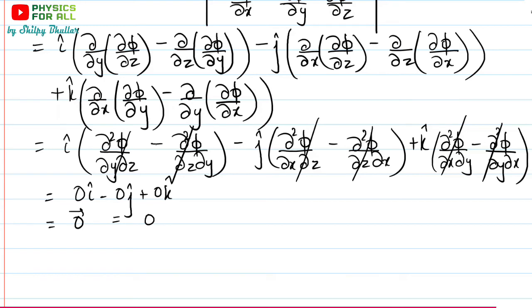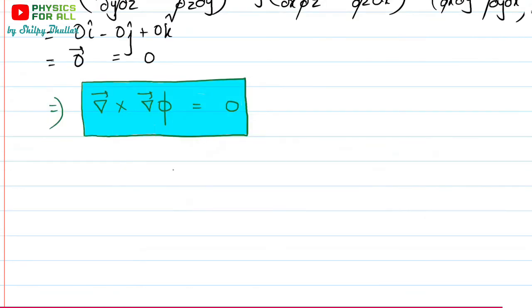Obviously the magnitude portion gets cancelled, but i cap, j cap and k cap are still there. So we can write that we have obtained a 0 vector. But usually we take 0 vector as 0 only, because if magnitude is not there, then 0 vector has no meaning in itself. Okay, so curl of gradient is also 0.